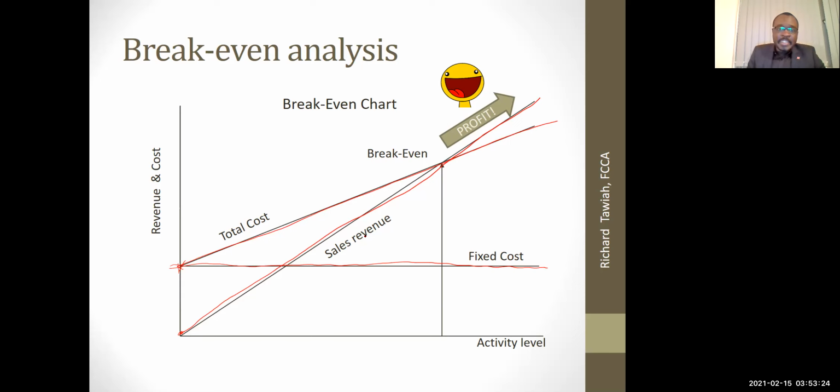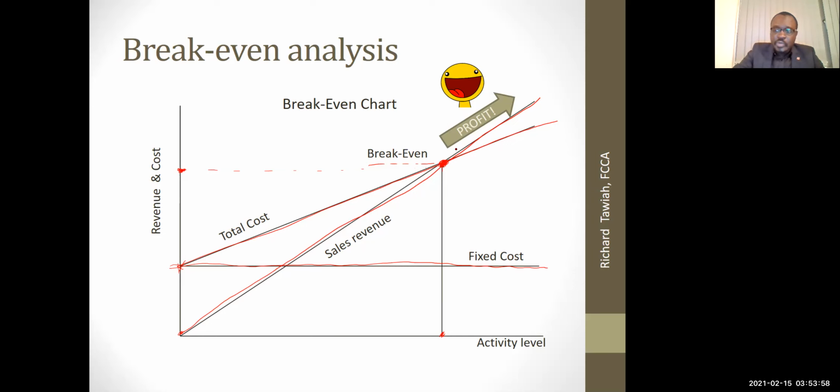You realize that at a point in time, our total cost intersects with the revenue. Perhaps we can draw a simple dotted line here to tell us that at this point, when revenue was X amount, total cost, a combination of both fixed and variable, was also this.